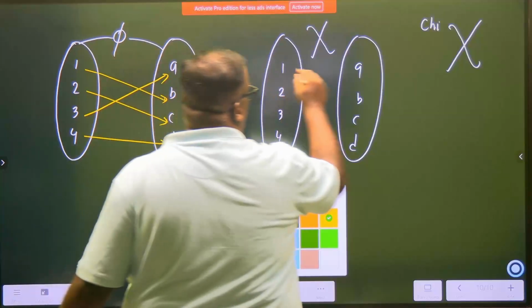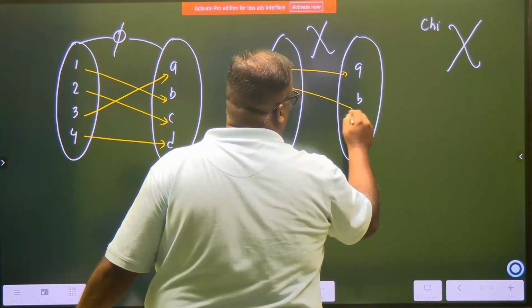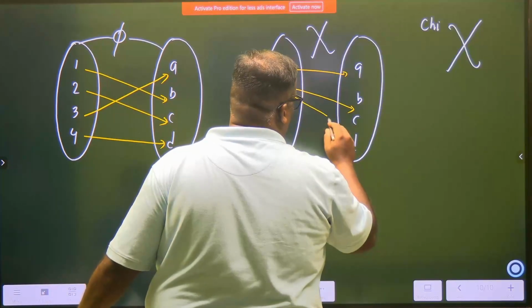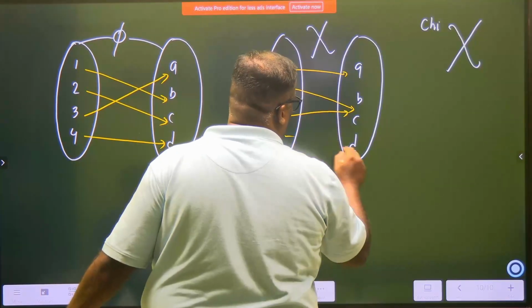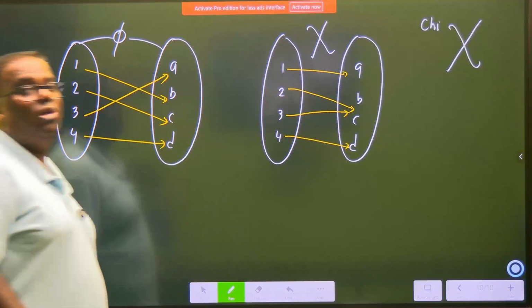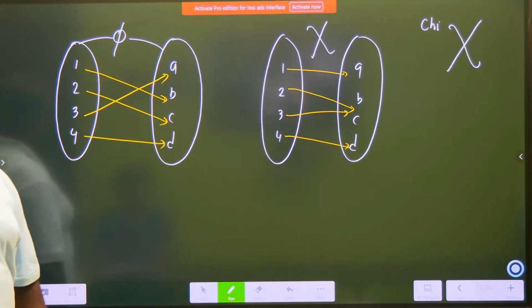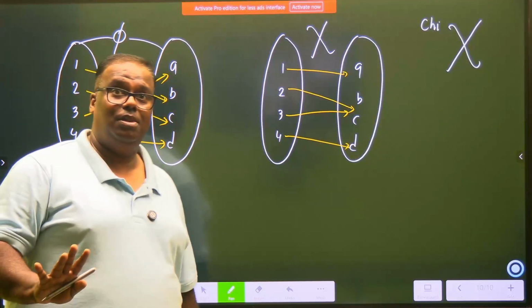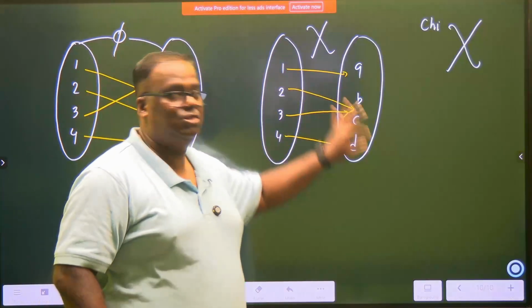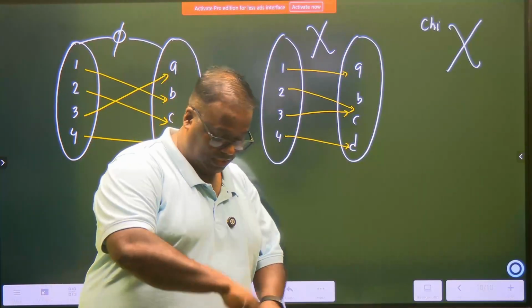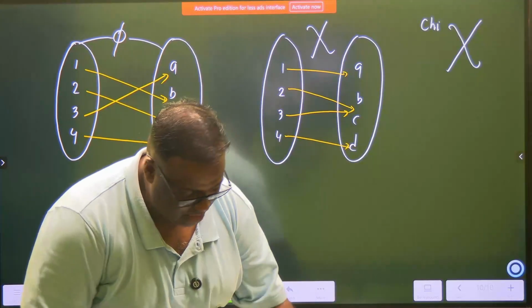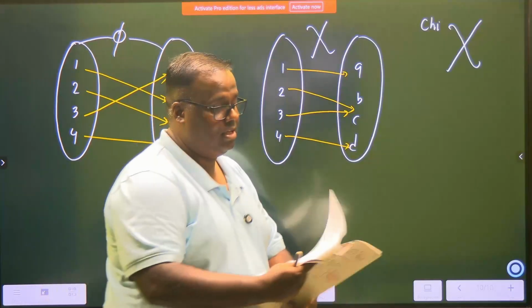Say 1 is to A, 2 is to B, 3 is to B, 4 is to D. Is this 1-1? But this is a function. This is a function, huh? This is possible. This is not possible. I think 1-1 is clear then. Okay. Some examples also we'll see. Let's see. Okay.